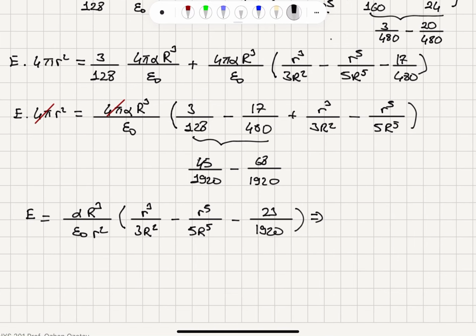It will be the same as a point charge that carries a charge capital Q.